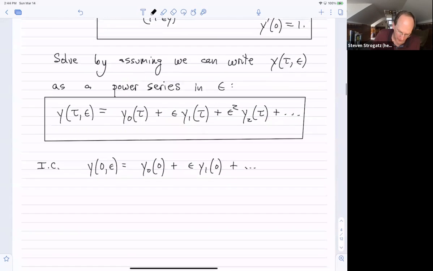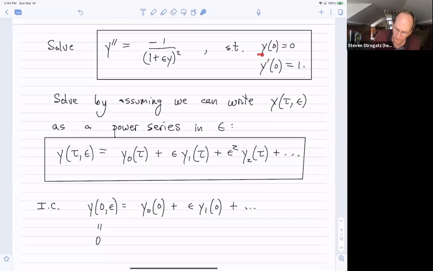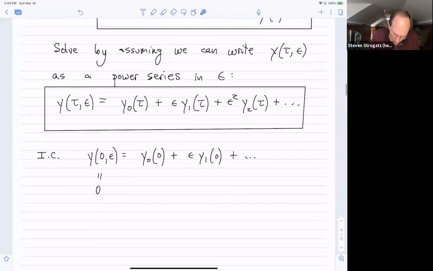So what is that supposed to equal? That is supposed to be 0, we said above, right? That's right here. So the way you have to interpret an equation like this is that both sides are power series in epsilon. This is supposed to be a statement that's true for all epsilon.